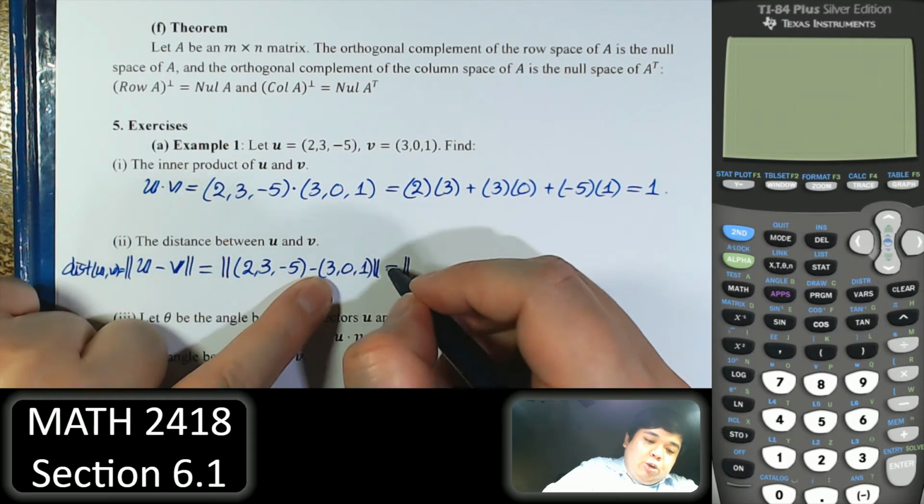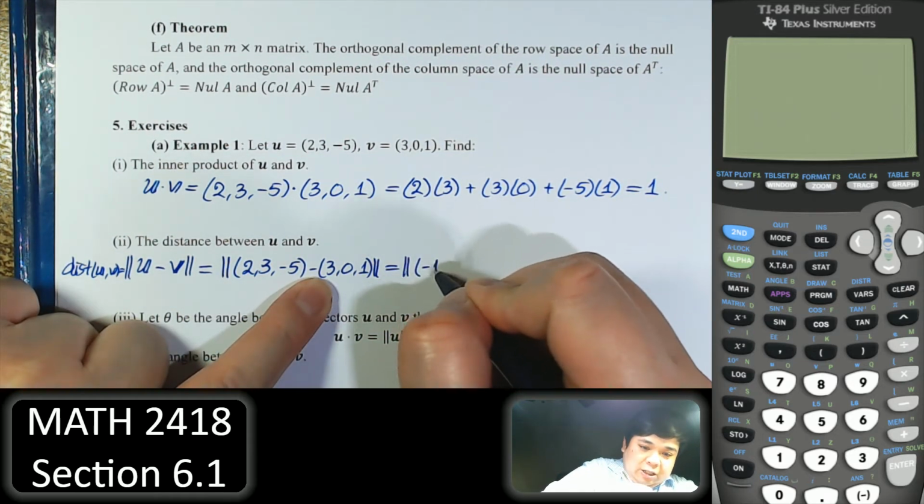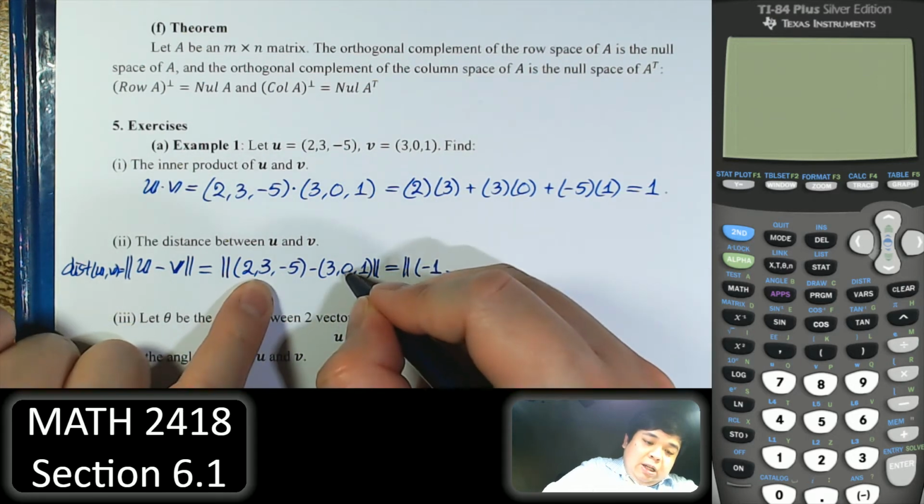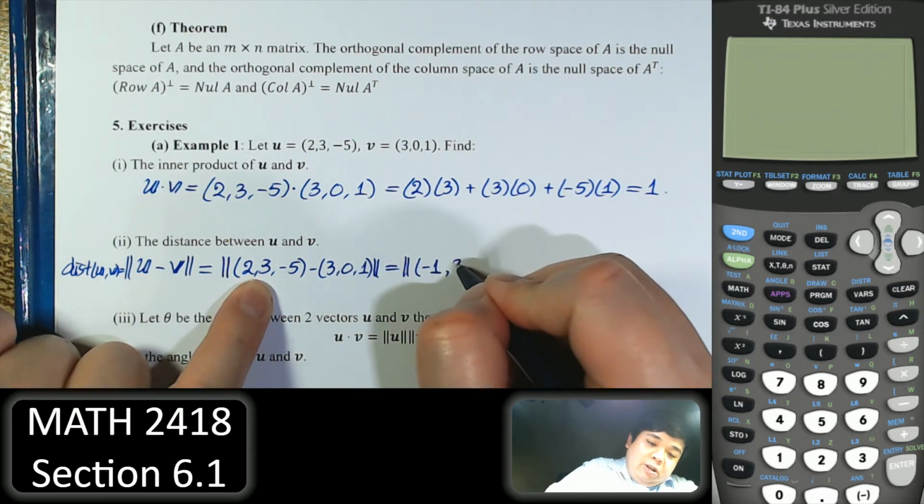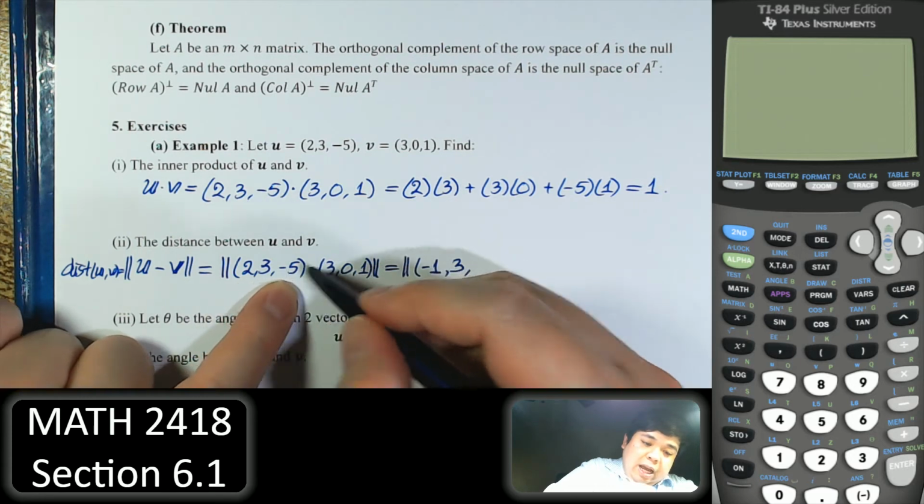So we have 2 minus 3 is minus 1, 3 minus 0, and minus 5 minus 1.